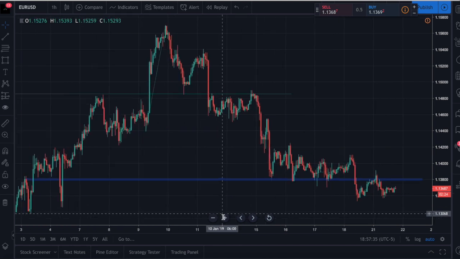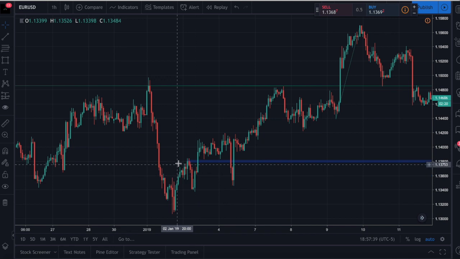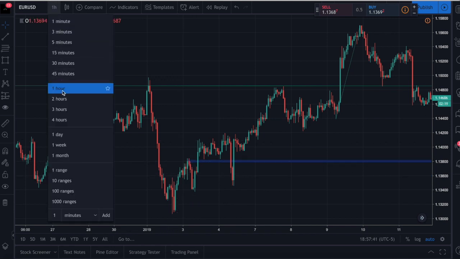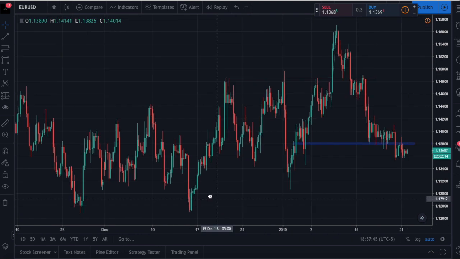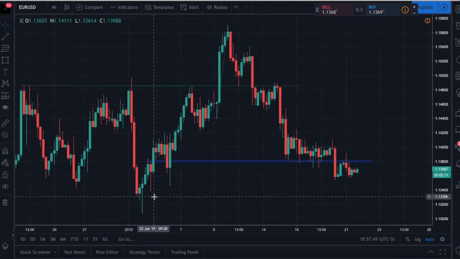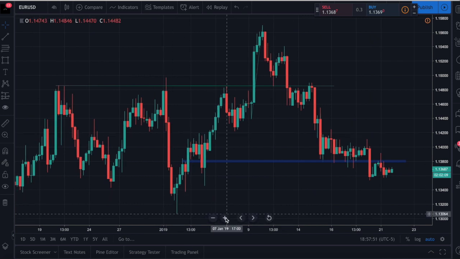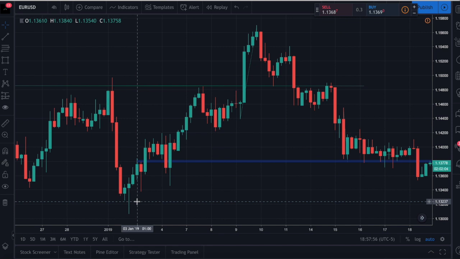If we look, we want to look at this area right here. We're going to go to a higher time frame, 4 hour, and if we look right here, we see this candle right here, and this candle right here.